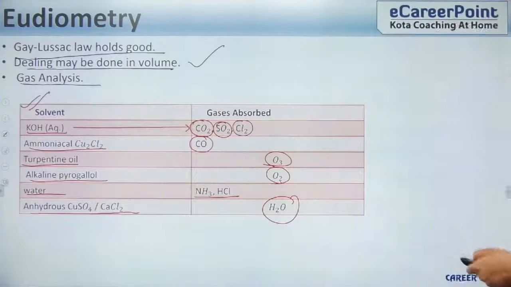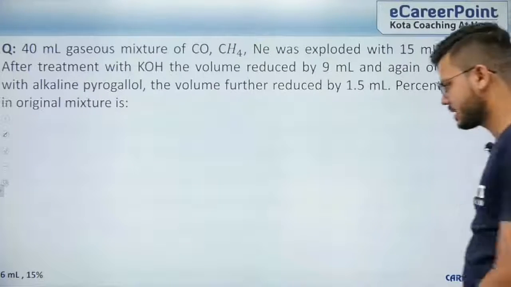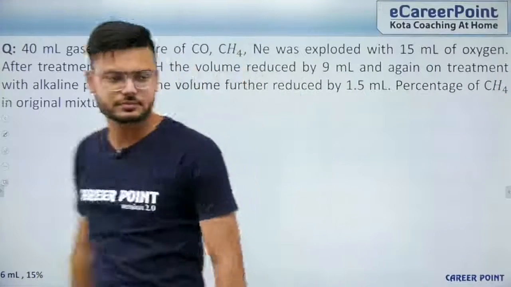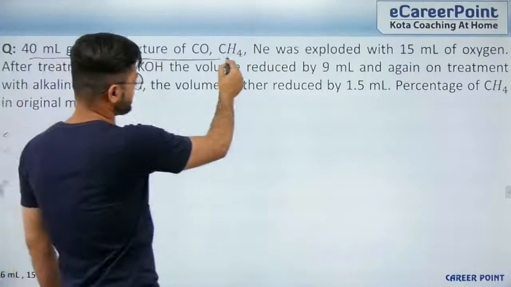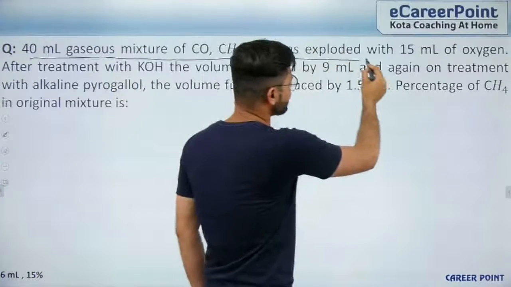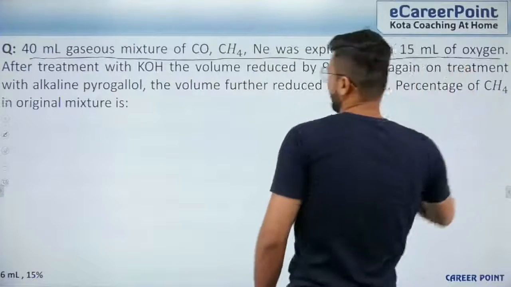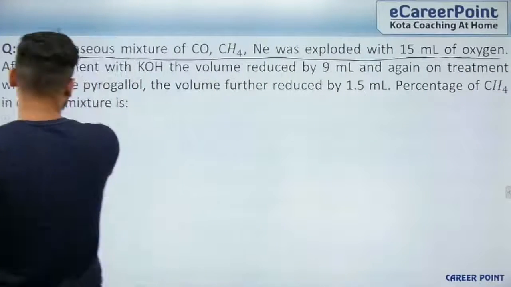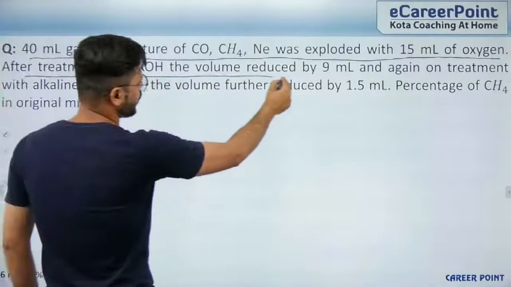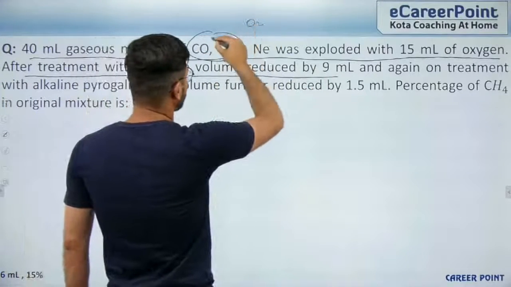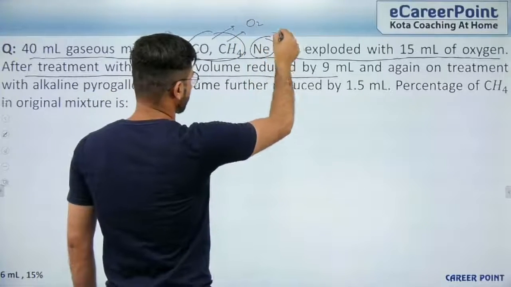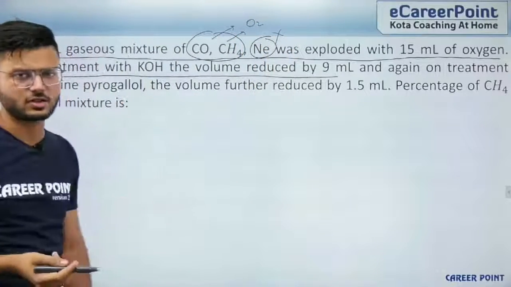Now let's see. This is a very good question. 40 ml of a gaseous mixture of CO, CH4, and neon was exploded with 15 ml of oxygen. After treatment with KOH, the volume reduced by 9 ml. In this case, only these two react with the oxygen. Neon does not react with oxygen.